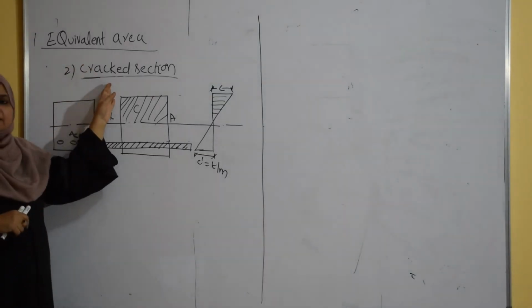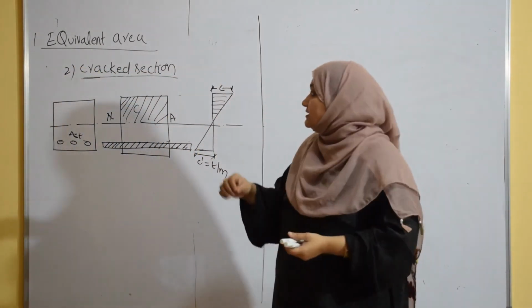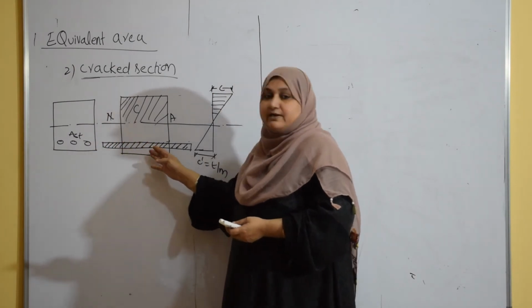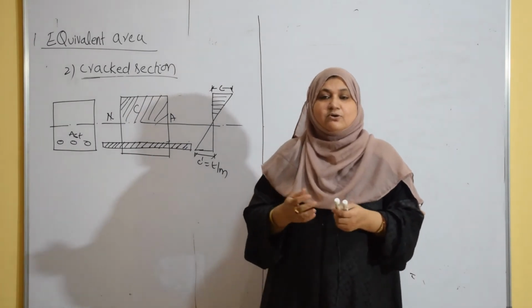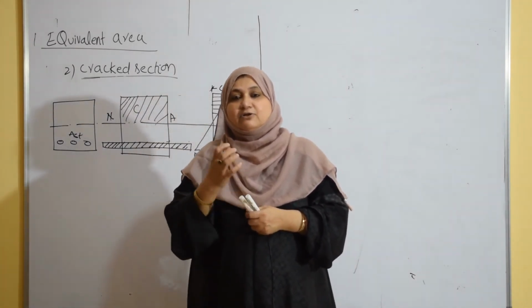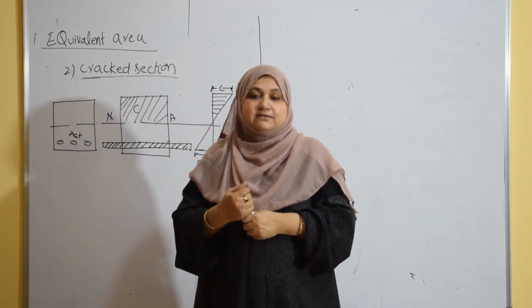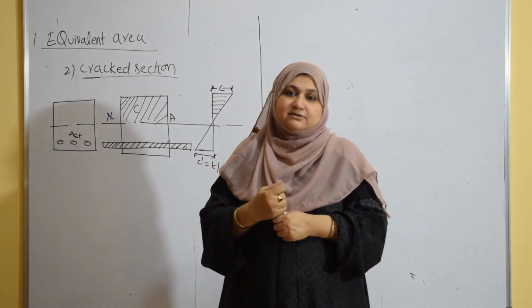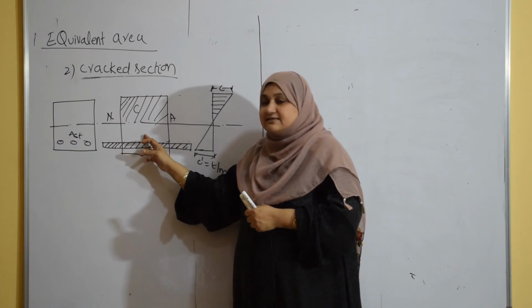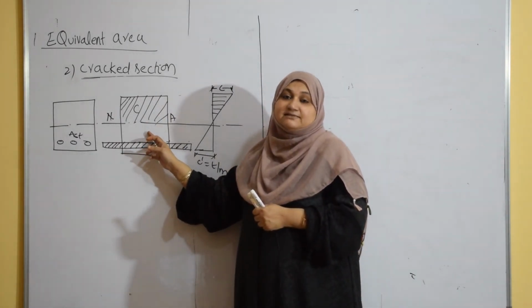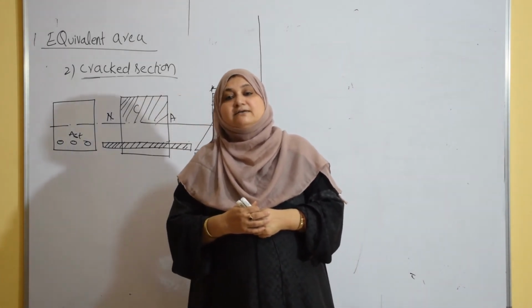Now coming to the other type of section, that is the cracked section: converting the area of steel into equivalent area of concrete when the section is cracked. That was uncracked, when the loads are small and the tensile stresses in the concrete below the neutral axis are less than the permissible ones, so the concrete will not crack. As the load increases, the tensile stresses in the concrete below the neutral axis will reach the maximum permissible stresses, and the concrete cracks.